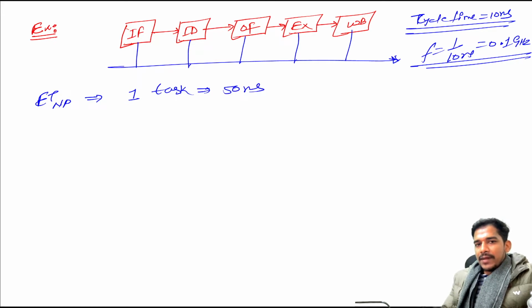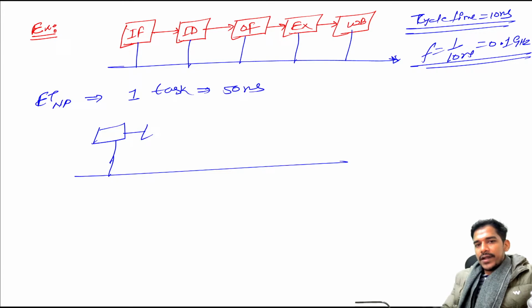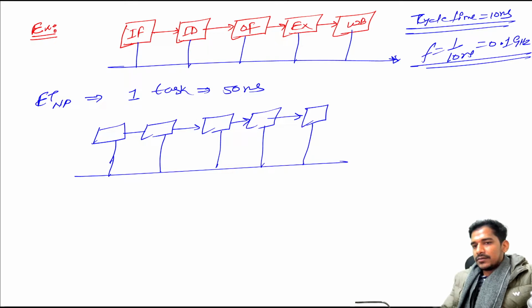And if we have a pipeline processor, the requirement here is that we are using the same clock, right? So these are the 5 stages of the pipelining system, and the same clock is there. That means the cycle time in pipelining is also 10 nanoseconds.